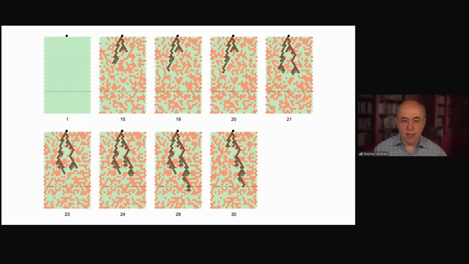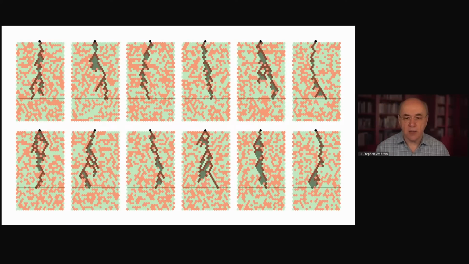And eventually that particular pattern of ANDs and XORs makes an initial input of a single black cell live for exactly 30 steps. Here are examples of other rule arrays that, again, successfully lead to patterns that live for exactly 30 steps, none of which, in this case, look particularly mechanistic or constructed.